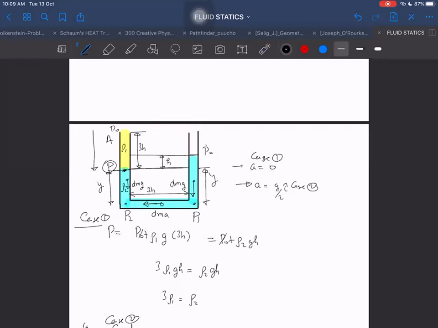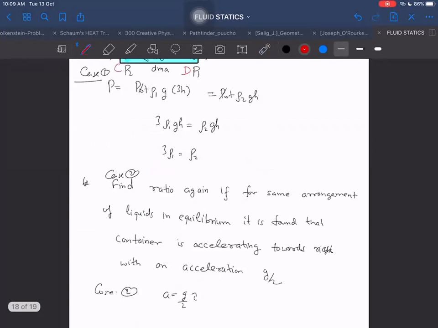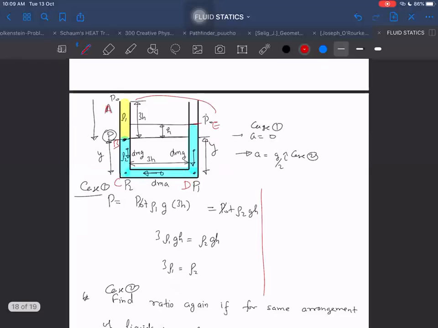Let me name these points, and I will go according to that loop: A, B, C, D, E, and back to A. So I can write this equation. In loop A, B, C, D, A, sum of pressure differences around a closed loop will be equal to 0.